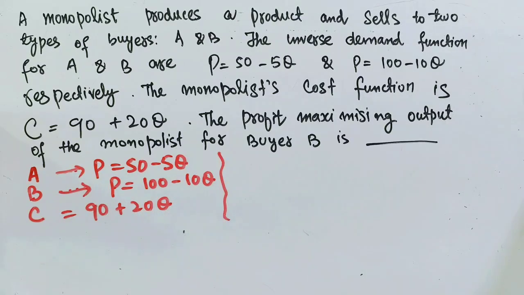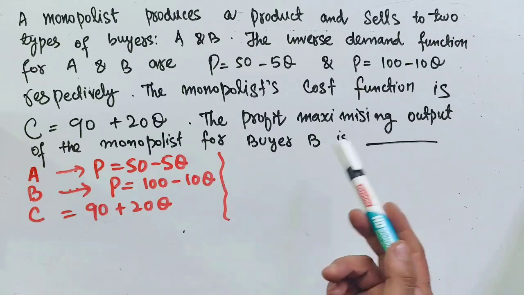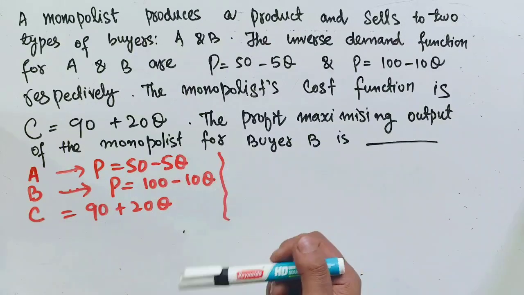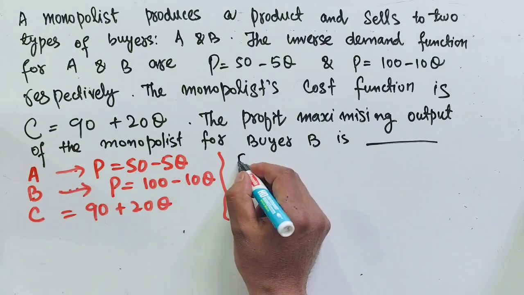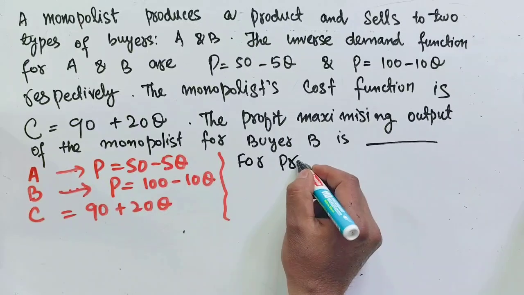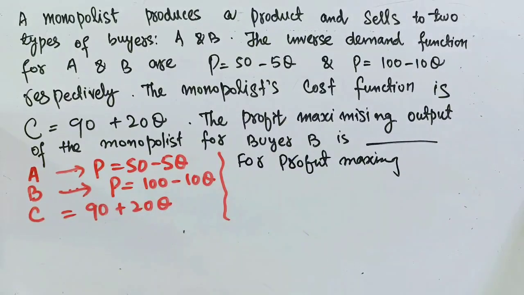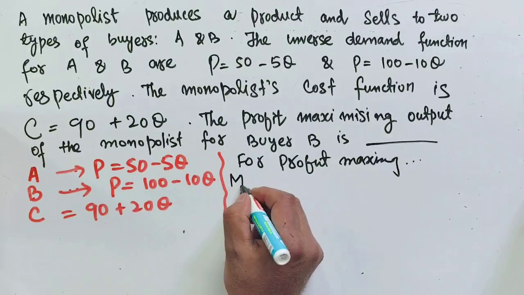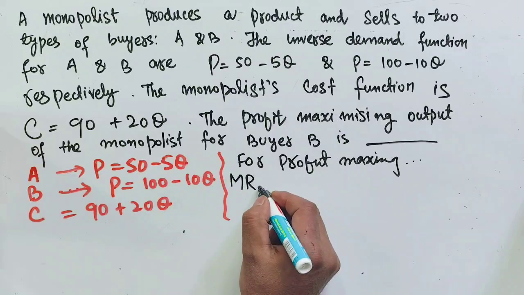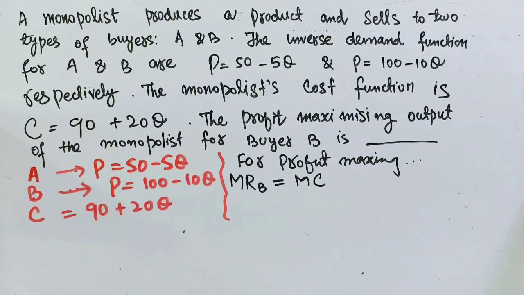We need to find out, if the monopolist wants to maximize profit, how much output the monopolist should produce for buyer B. So we know that for profit maximization in case of monopoly, we equate the marginal revenue for buyer B to the marginal cost.